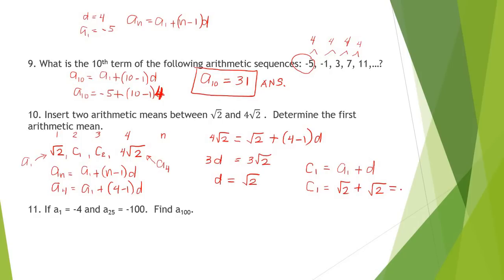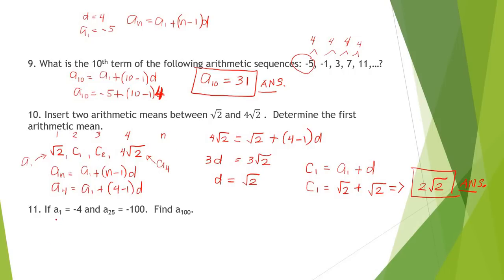Therefore, our c1 is simply equal to 2 square root of 2. So this is our first arithmetic mean that we can insert between 2 square root of 2 and 4 square root of 2. So this is our answer.